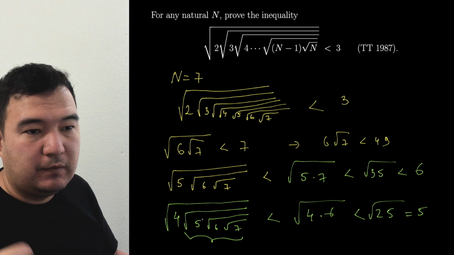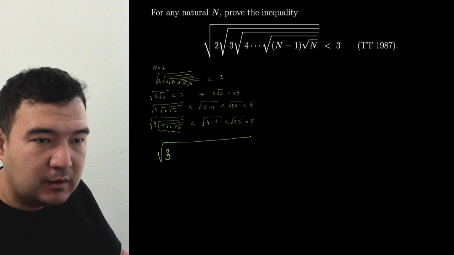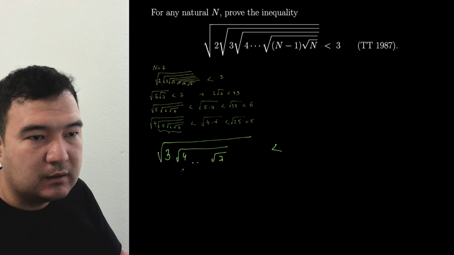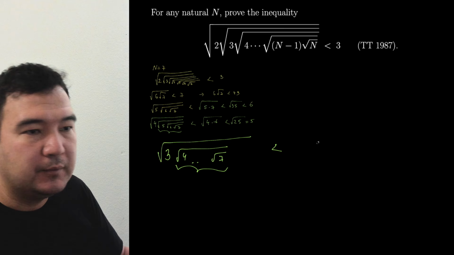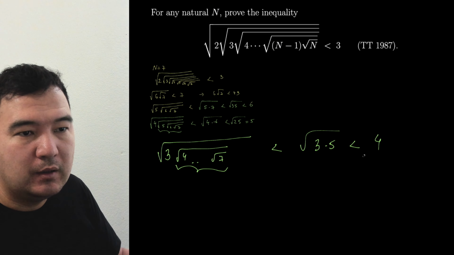And so on. If I continue, my next step would be square root of 3, square root of 4, and so on up to square root of 7. This part, again, is less than 5. I already proved it. So that would be 3 times 5, square root, less than 4.